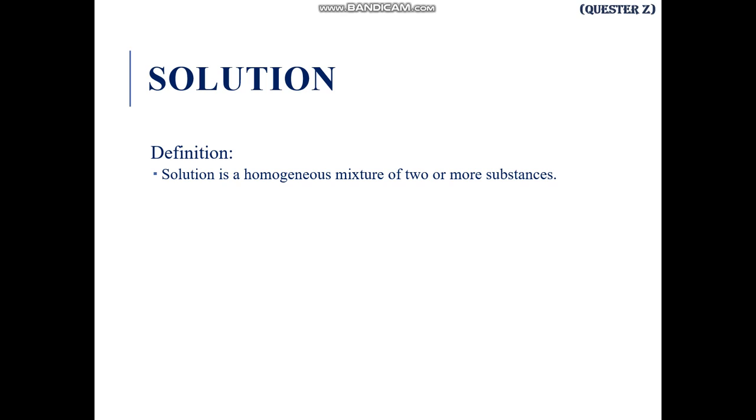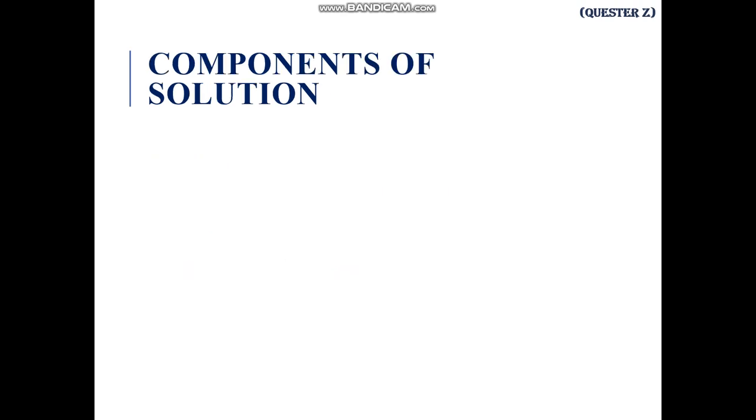That's why it is a homogeneous mixture. So we have discussed a mixture as the combination of two or more elements or compounds without any fixed ratio, and the homogeneous mixture that has the same composition throughout. It means a solution will form when all the particles of one substance dissolve in another substance.